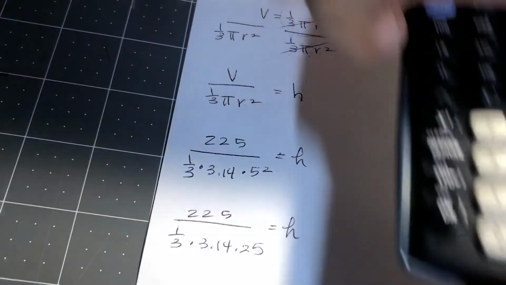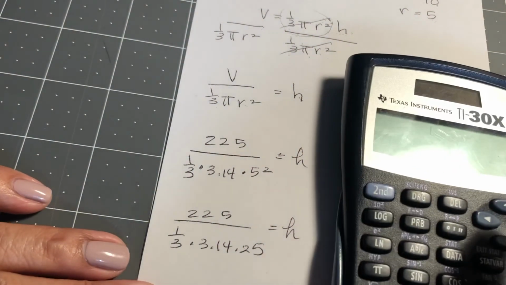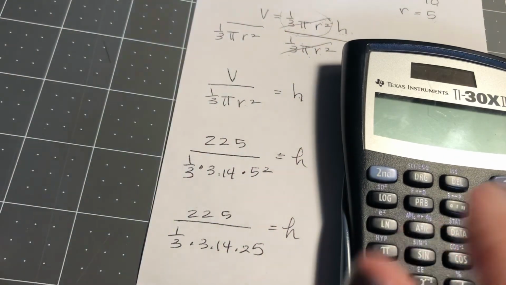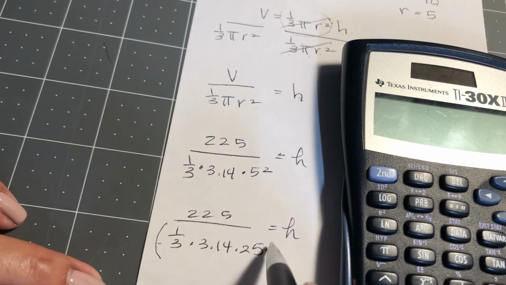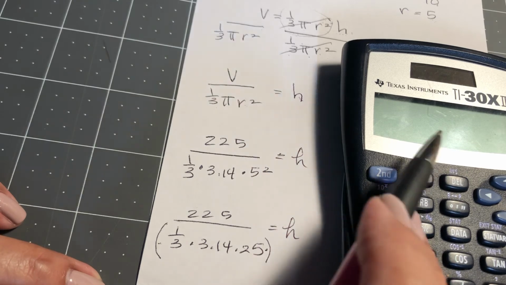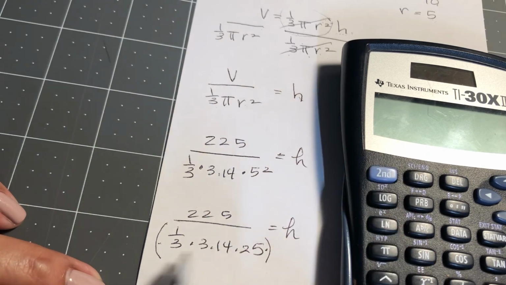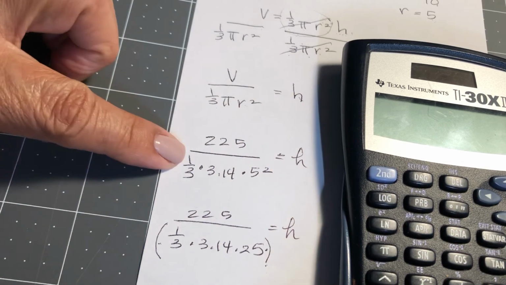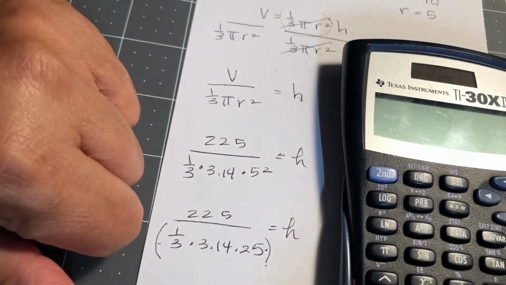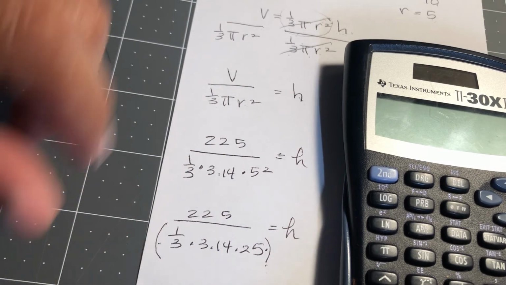All right. So the only difference when we do this in the calculator is since we have a denominator, we're going to make sure that we put parentheses around it in the calculator. If you don't put the parentheses around it, your calculation will be off, and I'll show you. But first I'll do it the right way, and then I'll not include the parentheses so you see the difference.